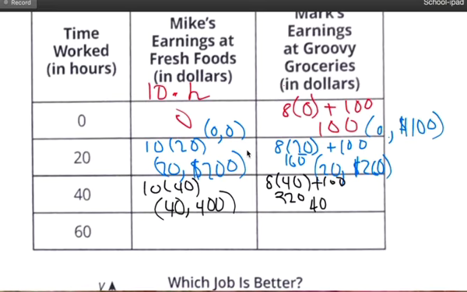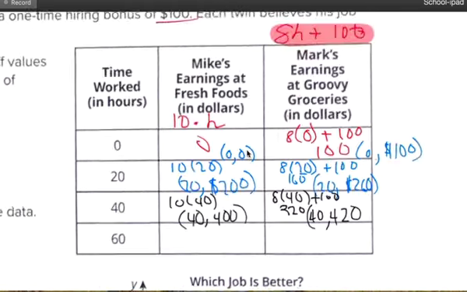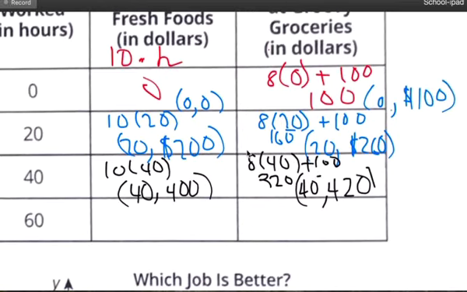At 40, Mark makes $420. So at 40 hours, Mark still makes more money, right? Makes $20 more.